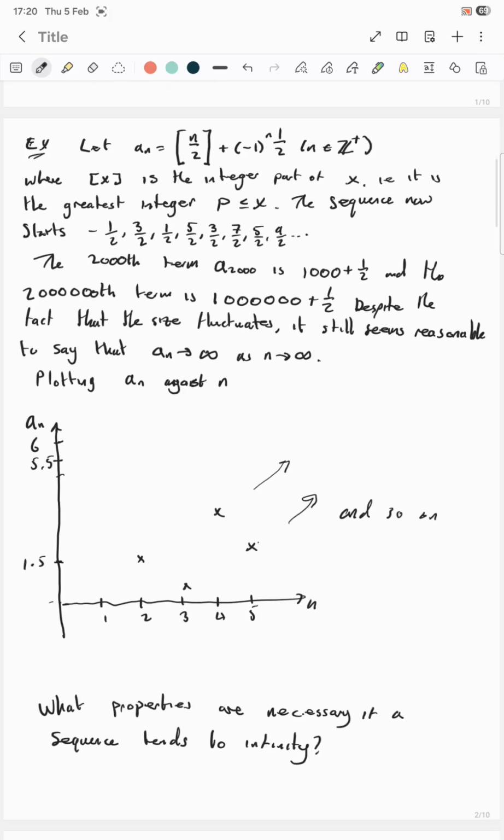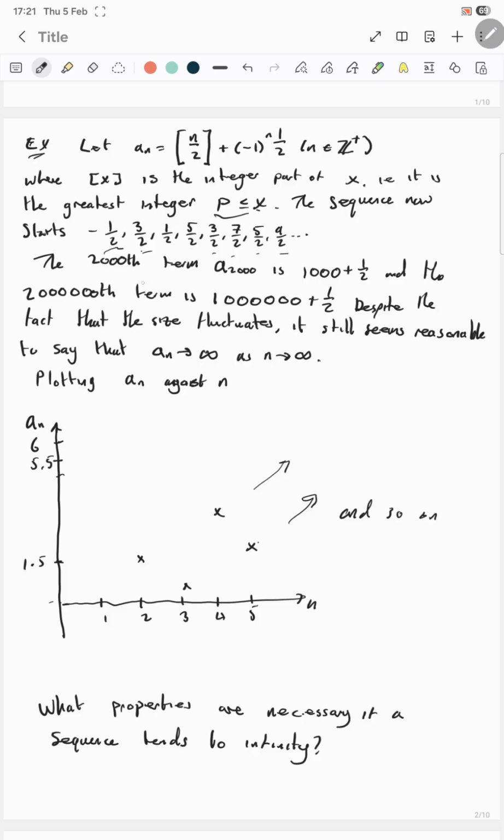Now here's an example. We'll let a_n = [n/2] + (-1)^n/2, where n is our positive integers, where [x] is the integer part of x, i.e. it is the greatest integer p such that p is less than or equal to x. The sequence now starts at -1, 3/2, 1/2, 5/2, 3/2, 7/2, 5/2, 9/2, and so on.